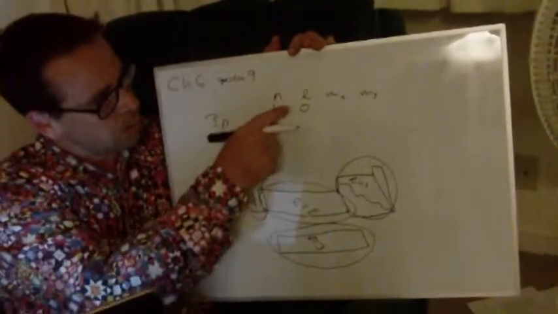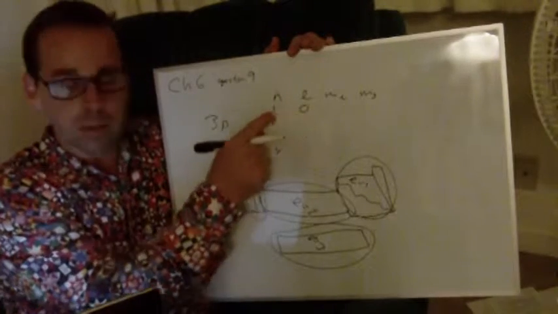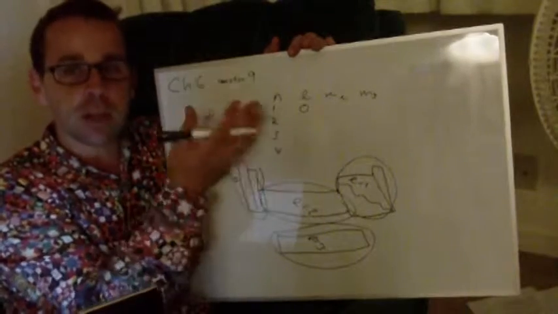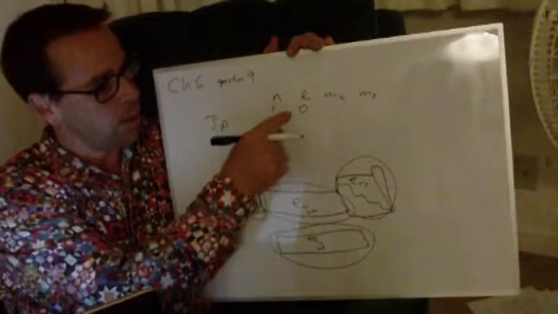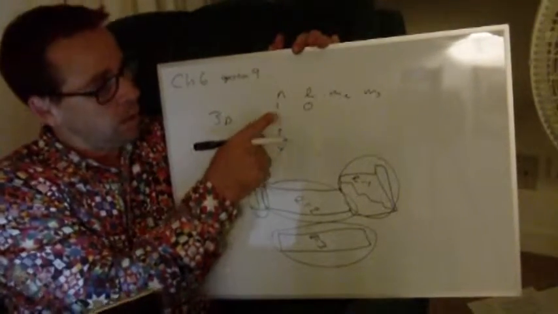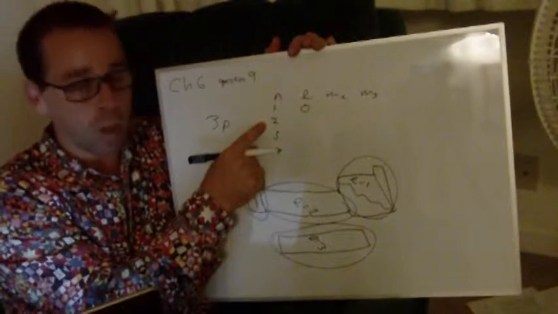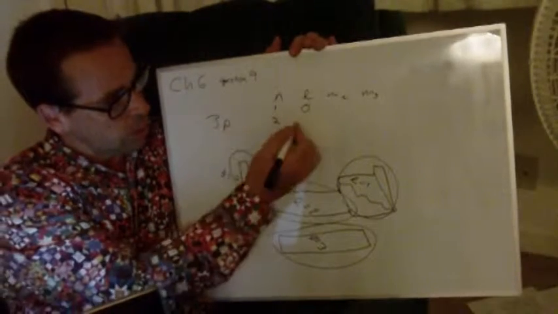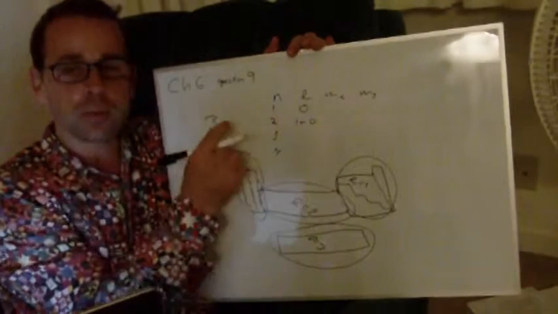So l can be a value 1 less than n, and then counting down. When n equals 1, the only choice for l is 0. If n equals 2, l can equal 1, or it could be 0.